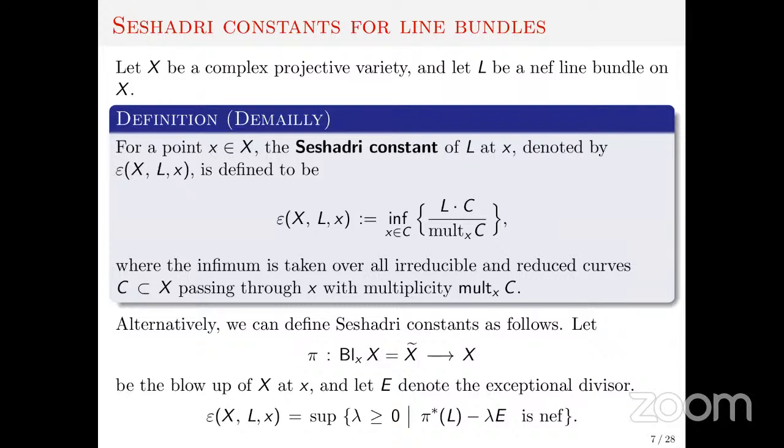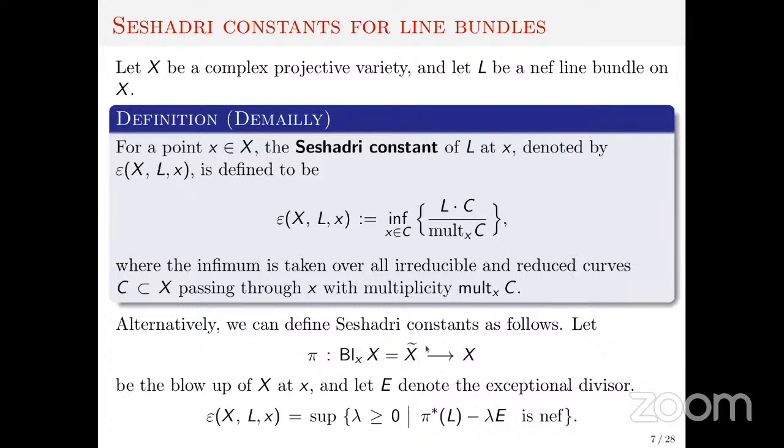Although this constant plays a lot of useful roles in studying local positivity of line bundles as well as interpolation problems and many other things. So it has wide applications, and it is not difficult to show that this definition is equivalent to the definition that I am going to state now.